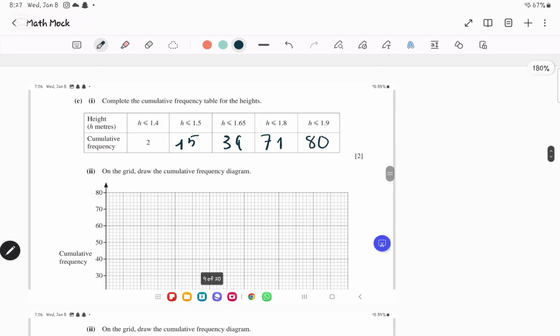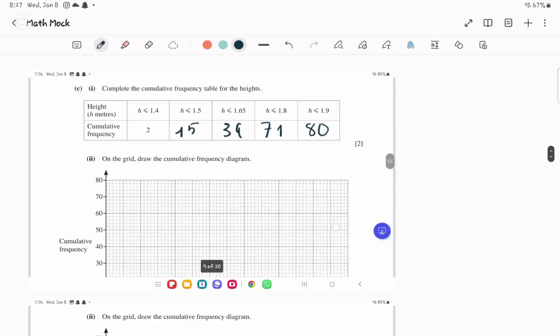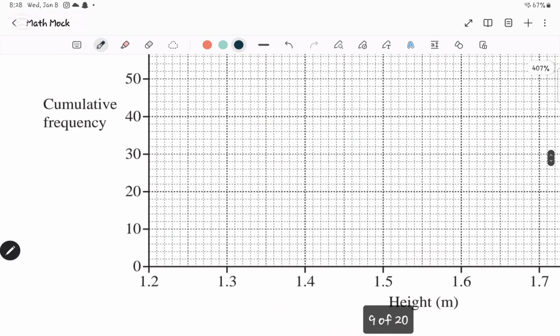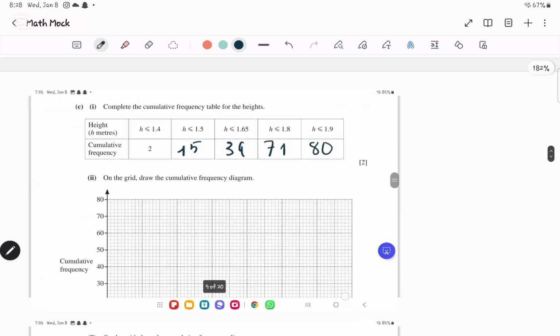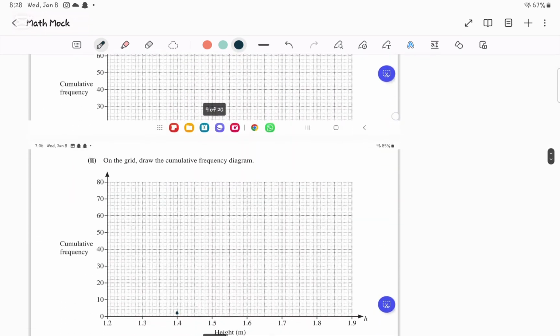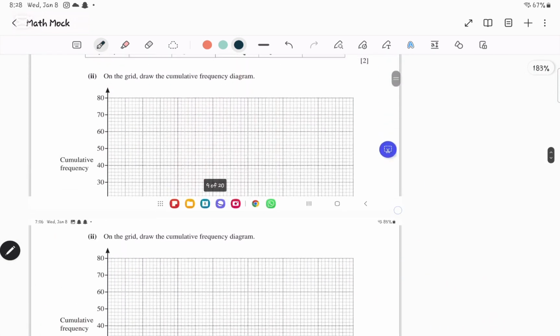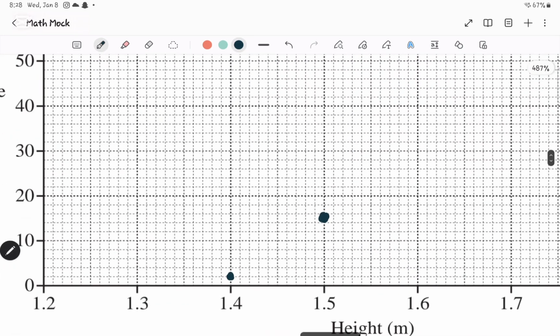Now we need to draw the cumulative frequency diagram. I took a whole different page for it. So let us say at 1.4, we had a cumulative frequency of 2, which is approximately here. Then at 1.5, it was 15, which is approximately here. Then 1.65 is 39, which is right here.